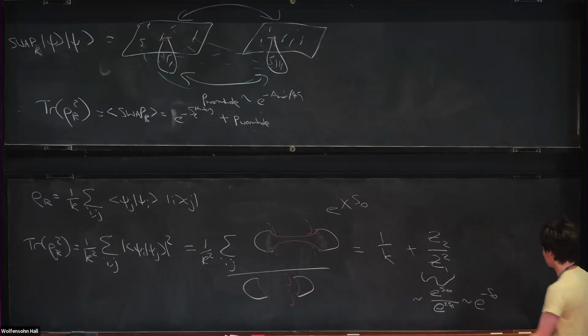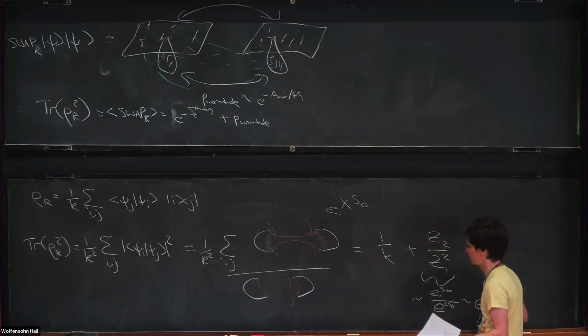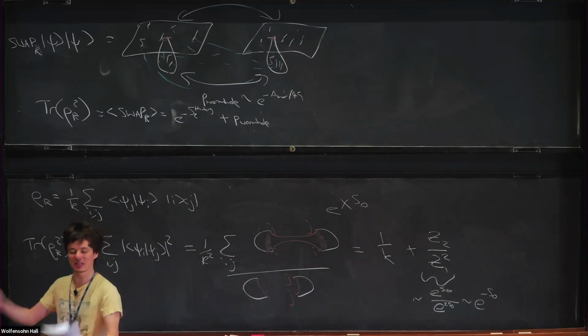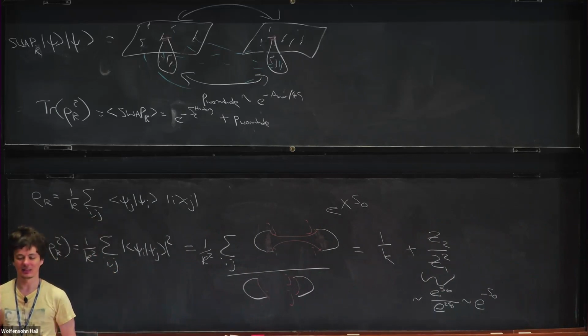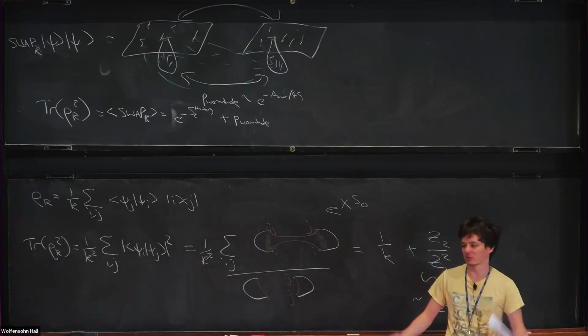I said s naught was the primary contribution to the entropy of the black hole. So this is telling us that our first approximation, the trace of rho r squared, once k gets bigger than e to the Bekenstein-Hawking entropy of the black hole, this thing sort of saturates. It doesn't keep getting smaller as we make k bigger.